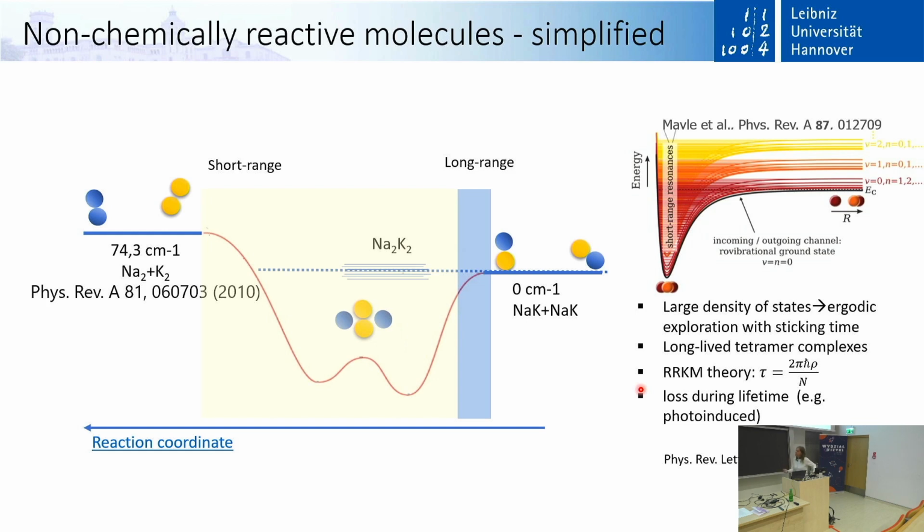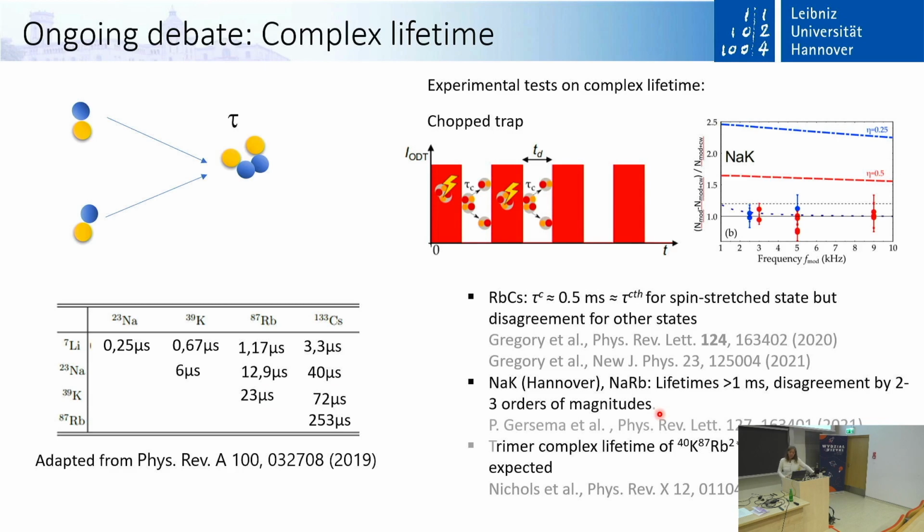During this lifetime, there will be photo-induced losses, effectively leading to the removal of molecules from the trap. As I said, this photo-induced loss process via tetramer formation is by now widely accepted. What's still a discussion is the lifetime of those tetramers.